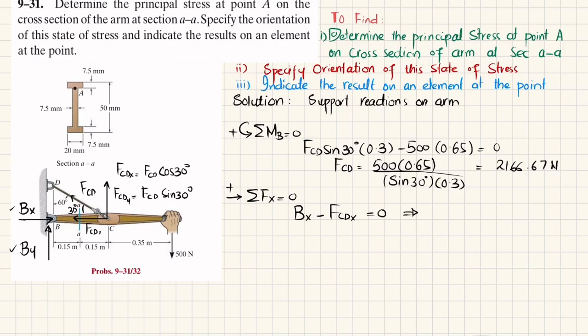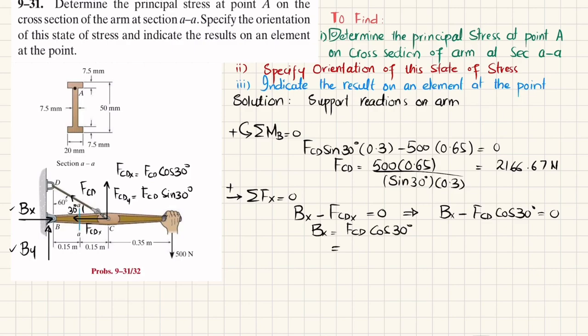So Bx minus FCD cos of 30 degrees is equal to 0, so Bx will be equal to FCD cos of 30 degrees.